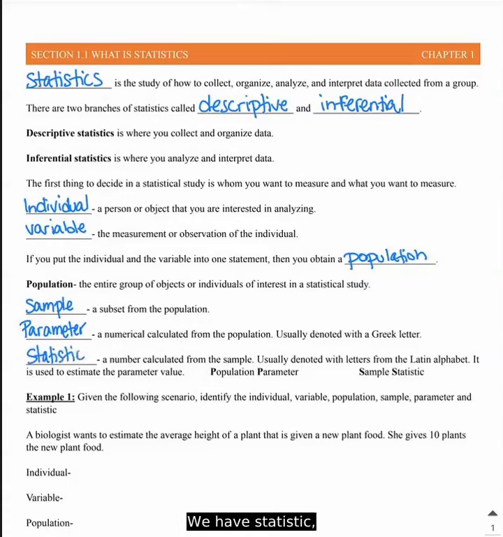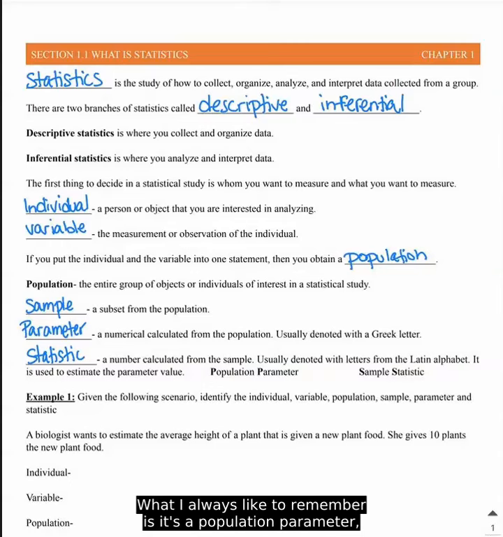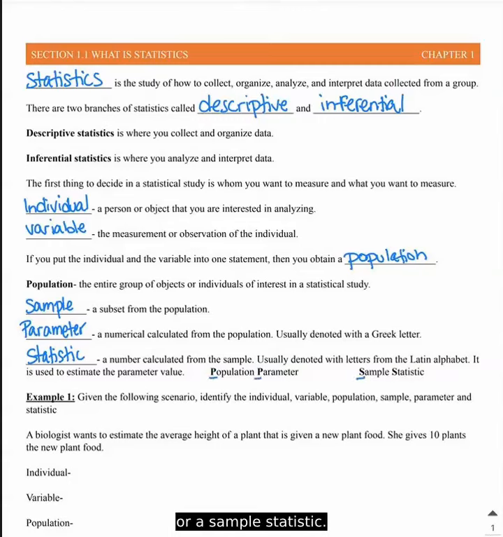Statistics is the whole general idea, and a statistic is a number calculated from the sample. It's usually denoted with letters from the Latin alphabet, and it is used to estimate the parameter value. So what I always like to remember is it's a population parameter or a sample statistic. That's how I remember it.